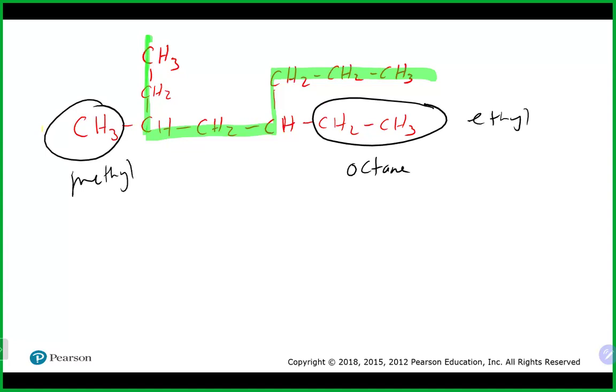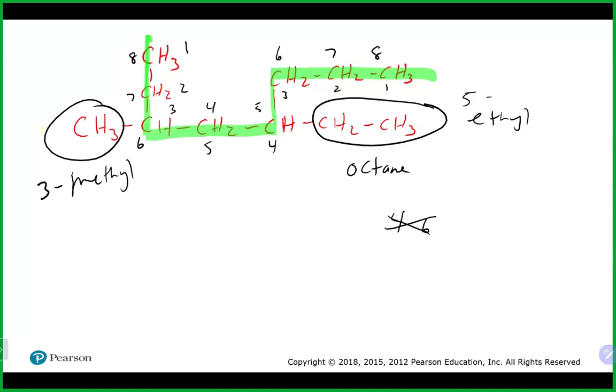If you number over here, starting with 1, 2, 3, 4, 5, 6, 7, and 8, that will give us groups at 3 and 5. If we go in the other direction, 1 through 8, we will end up with groups at 4 and 6, which is larger, right?